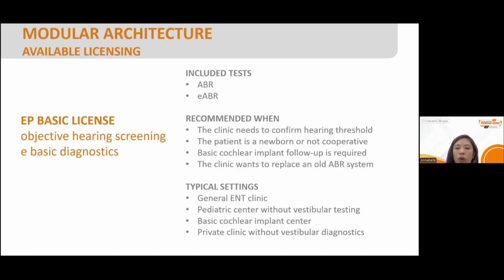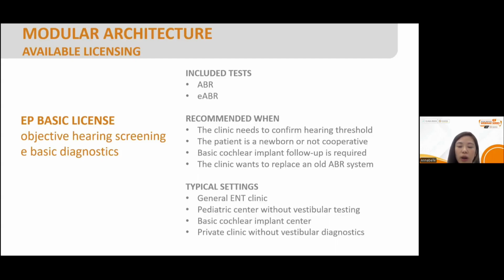Okay, so if you have a need to confirm the threshold of newborn patients, or not so cooperative patients, like patients with non-organic hearing loss, they're pretending they got hearing loss, then you go for the ABR to confirm the result.